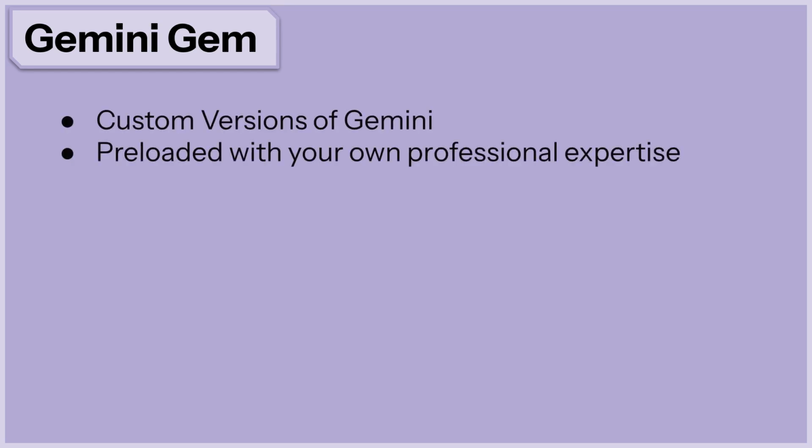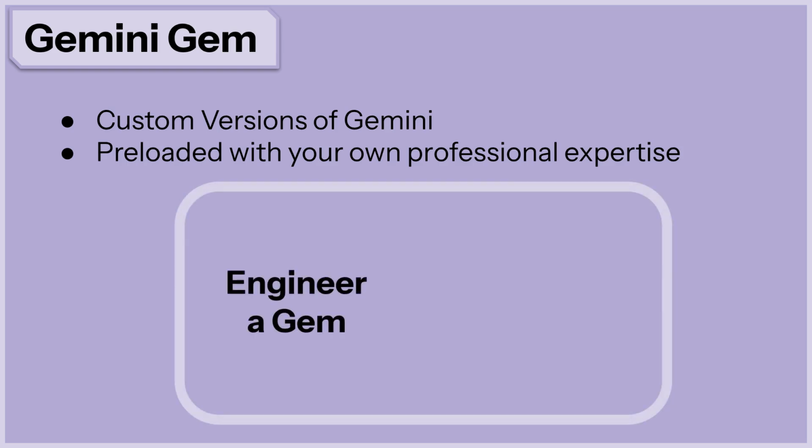If you haven't come across them before, think of a gem as a custom version of Gemini that you've preloaded with your own professional expertise. Instead of starting a blank chat every time and hoping for a good result, you engineer a gem by giving it three things: a role, telling it exactly who it needs to be, like a departmental admin or a parent communications specialist.